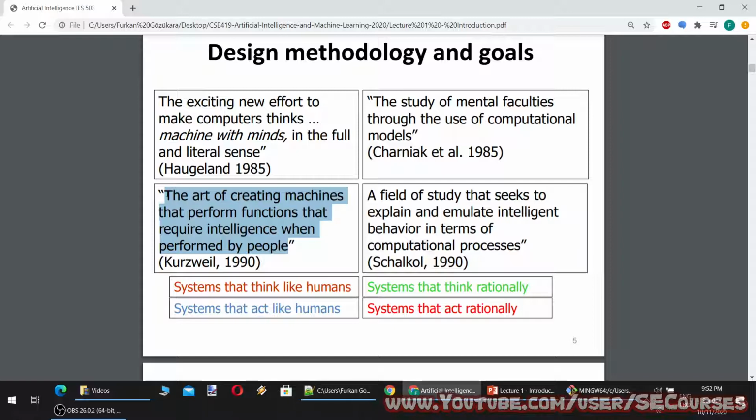It doesn't require intelligence when performed by people because you always cut the same line, the same way, the same dimensions. It is robotic behavior but not an artificial intelligent behavior.